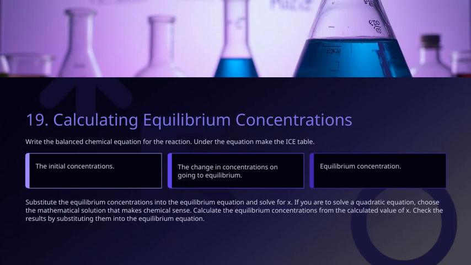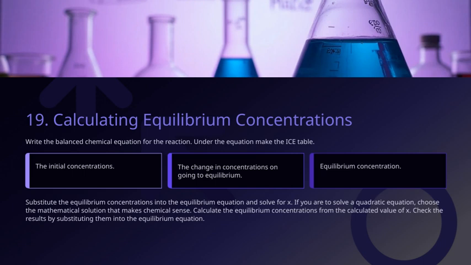Let's talk about equilibrium concentration. When a reaction reaches equilibrium, the concentrations of reactants and products change until they stabilize. To find the equilibrium concentrations, we start by substituting the equilibrium values into the equilibrium expression. From there, we solve for x, which often involves solving a quadratic equation.